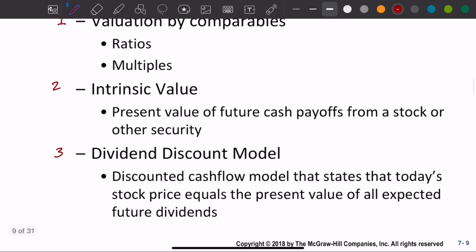And for this one, we discount cash flows that are expected to be generated by a stock. Okay, and we'll want to find the present values of all of these cash flows, and based on that we can determine the stock price today. All right.